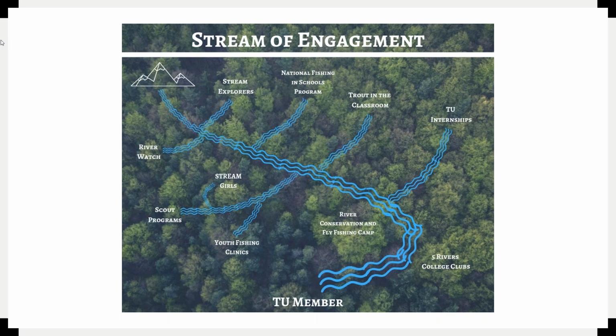You can see on this graphic on the slide of our stream of engagement where Trout in the Classroom fits. Another program that we would like educators to think about while doing TIC is our river conservation and fly fishing camp. When teachers do TIC, we would like them to keep an eye out for students that are super engaged and may benefit from our camp experience.